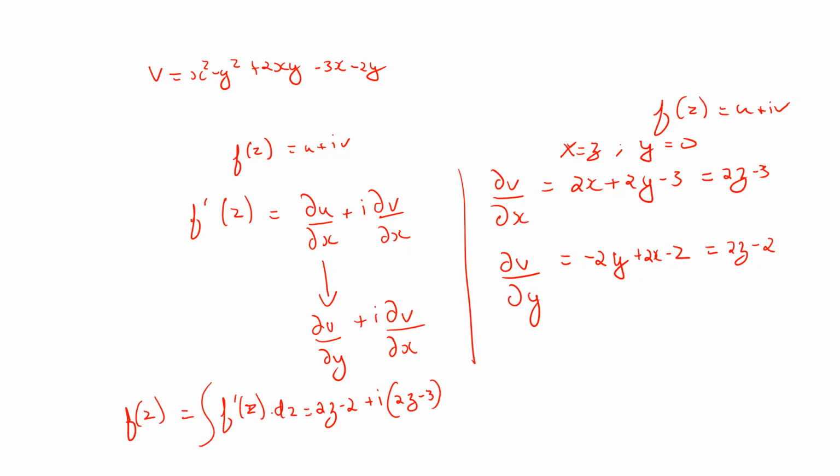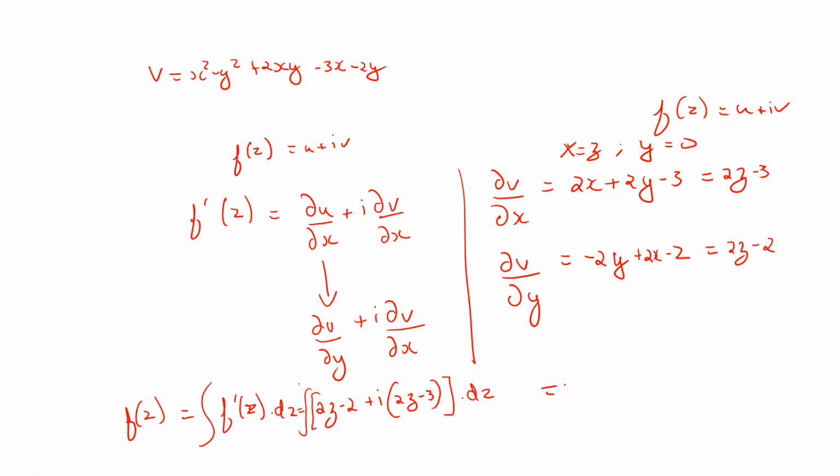That just entails integrating this entire function, just like any other normal integration, with respect to z. Treat everything else as a constant, and i you will also treat as a constant.